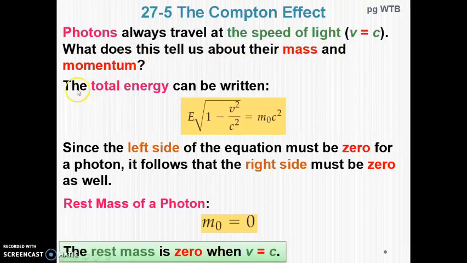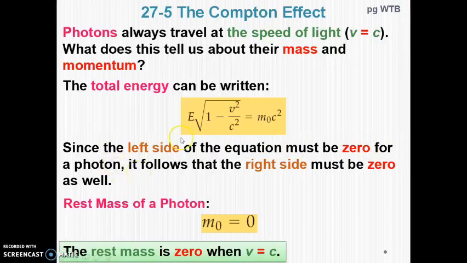Okay, so the total energy can be written as E square root of 1 minus v square divided by c square is equal to m naught c square. Since the left side of the equation must be 0 for the photon.